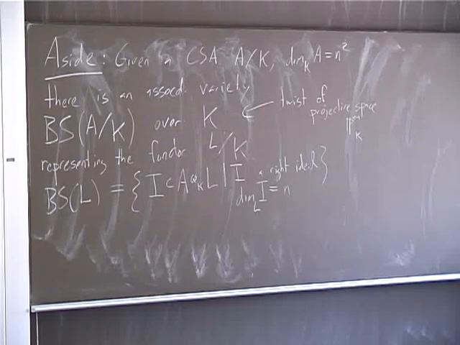The most common application is that every conic over the function field of a curve has a point. So if your surface is a conic bundle over a conic, then the conic has a point. When you restrict the conic bundle over that point, it's again a conic over the function field of a curve, so it also has a point.